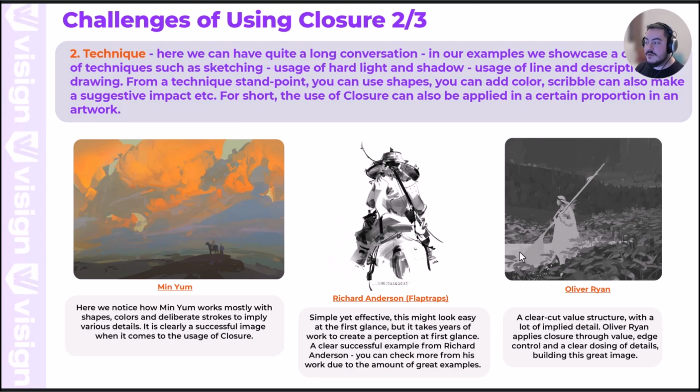In some areas where things start to become blurry, including in the background here, we look at it and start to complete the image: okay, there's some pine trees in the back here, there's a field here, and so forth. It's a clear-cut value structure with a lot of implied detail. Oliver Ryan applies closure through value, edge control, and a clear dosing of details, building this great image that we see clearly here.